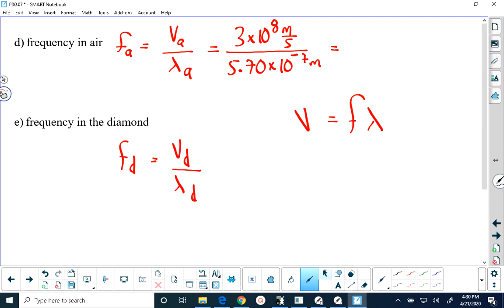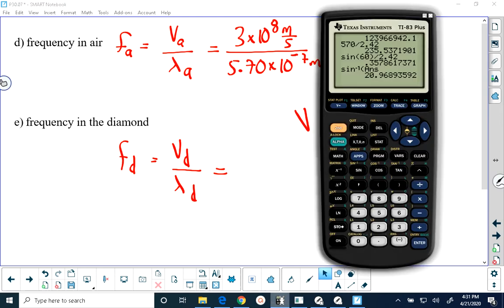I'm going to tell you right now that whatever you get for the frequency with that calculation is going to match exactly the frequency you get if you did this calculation in E, as long as you carried all your decimals from the other steps. So we don't need to do a second calculation for E. All we need to do is calculate the frequency of the light in the air.